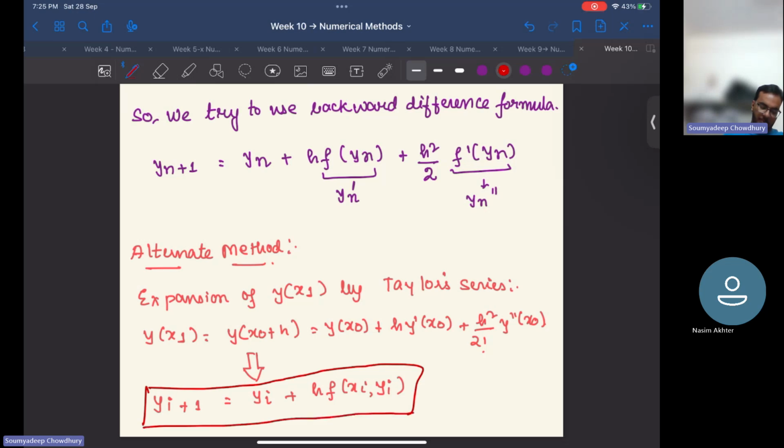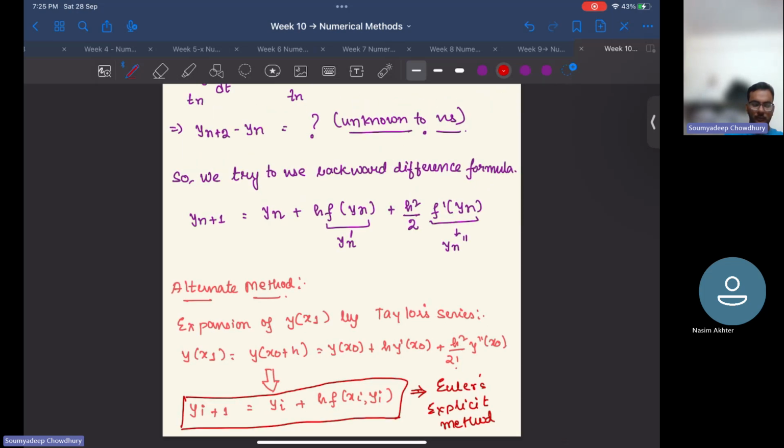This is known as the famous Euler's equation. This is the Euler's explicit method. Just remember this f of xi yi. f is here the slope function, right? It is the slope or the differential equation which is given to you. It is not the actual value of the function. Rather, it is the slope of the function at xi comma yi.